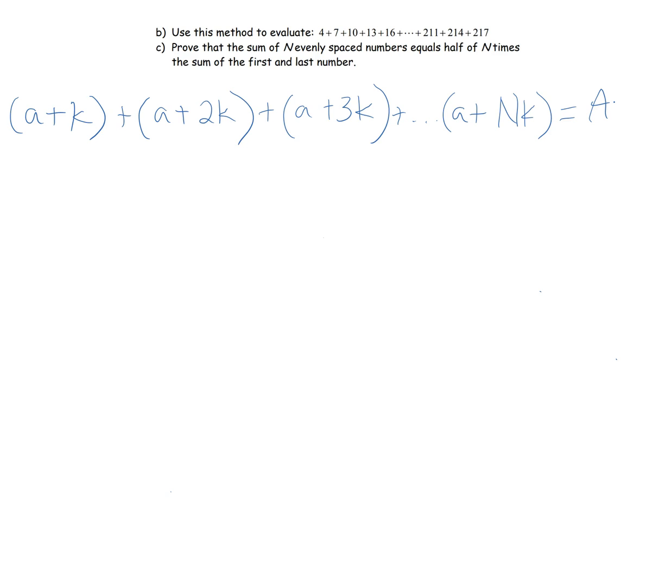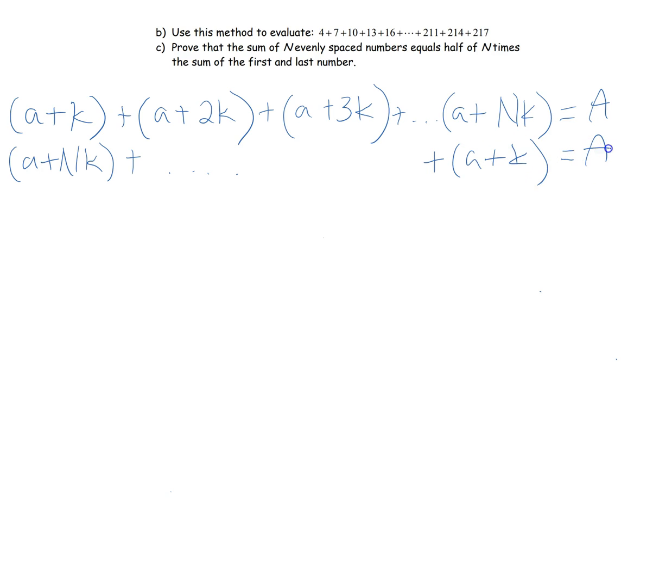So to see how we can do this, we're going to use our same method and write this sum out backwards. So we're going to put our last term at the front. So we're going to have a plus nk up at the front. And we're going to write out our terms backwards, but I'm just going to skip that for now and skip down to our last term, which is going to be a plus k.